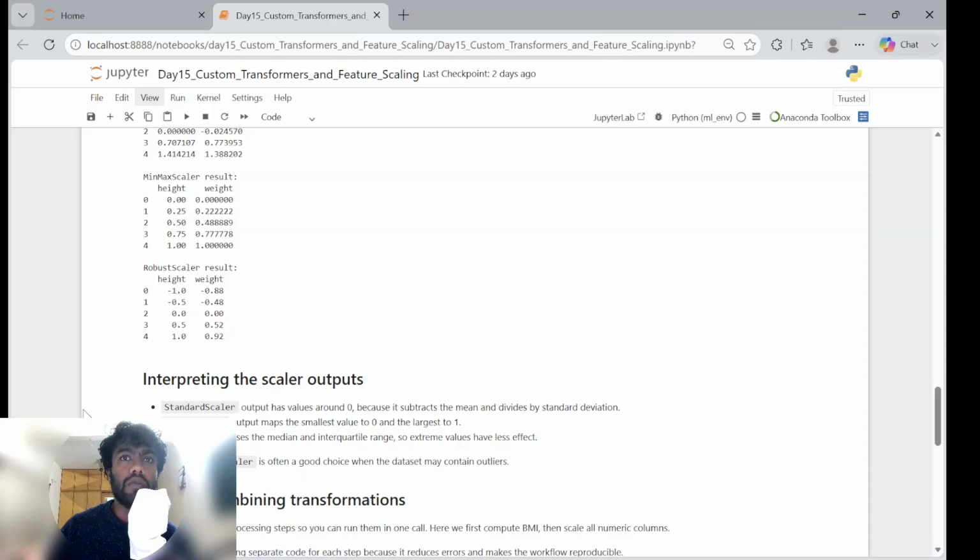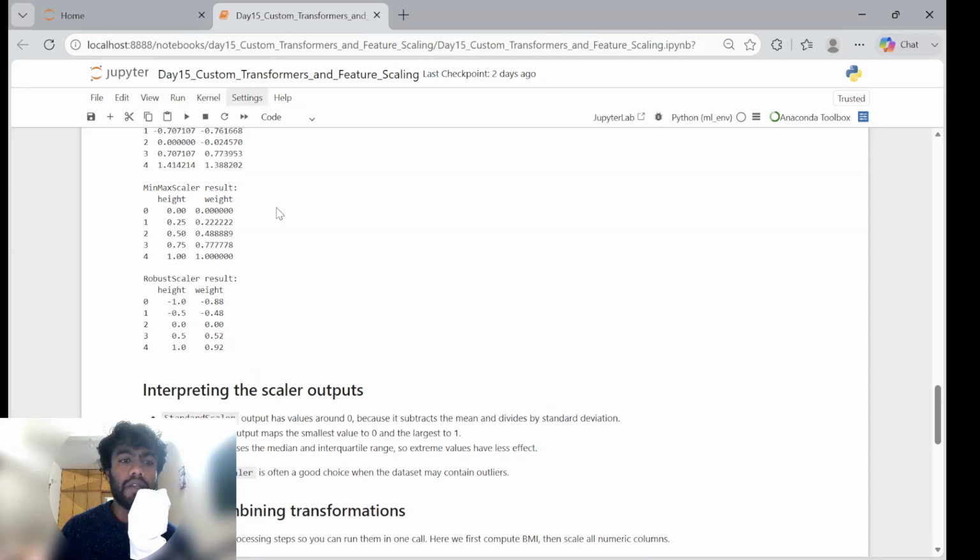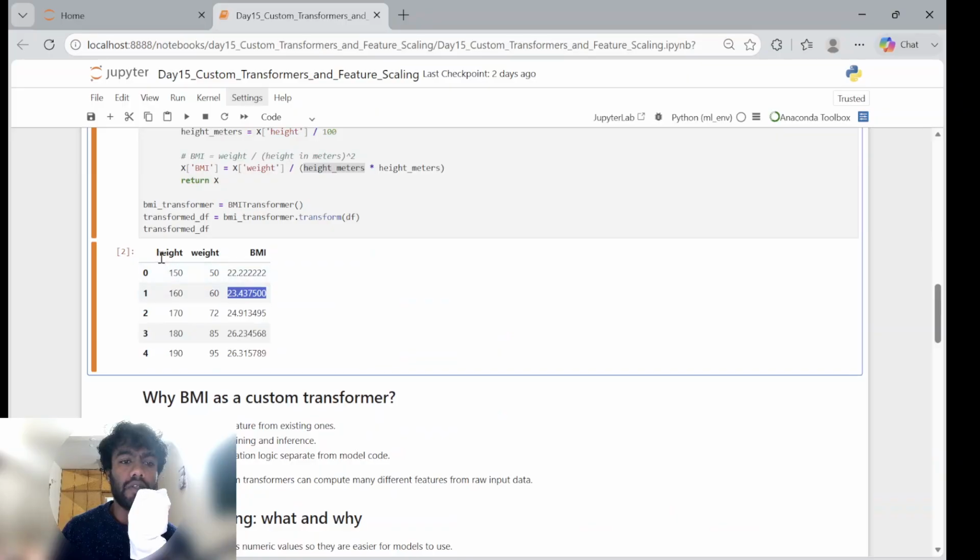A mean is the sum of all the values divided by the total number of values, which would give the middle kind of a value. And deviation is nothing but the difference with the mean. For example, in this data frame, a mean value can be considered as 170 and a deviation of 20 here, minus 10, plus 10, plus 20. So that might be a deviation.